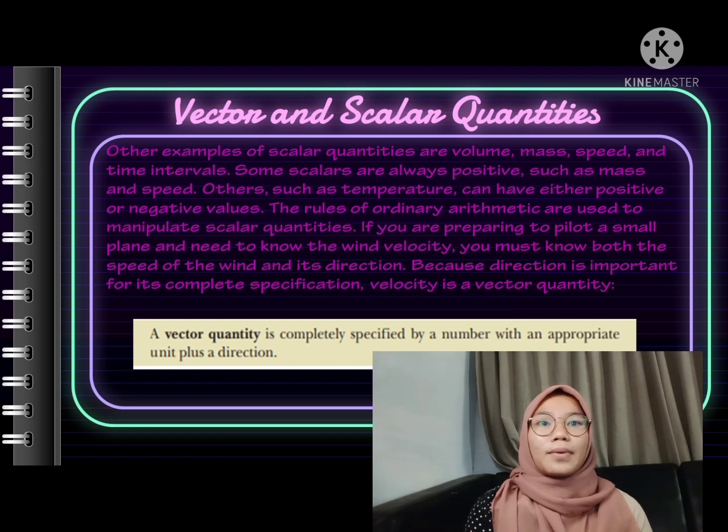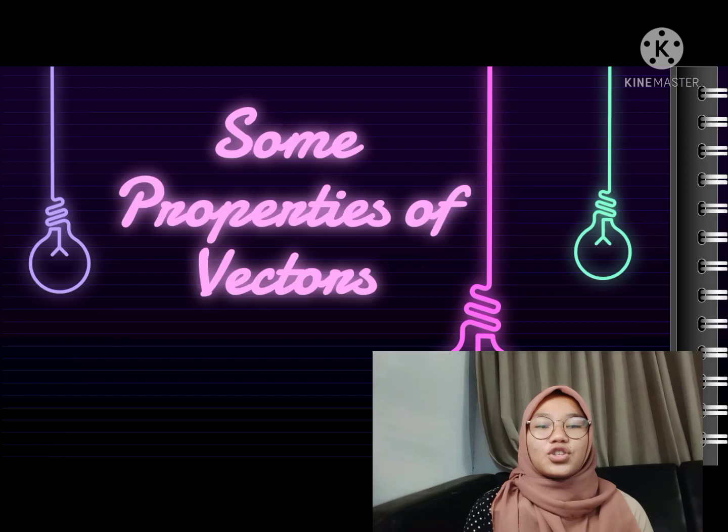If you are preparing to pilot a small plane and need to know the wind velocity, you must know both the speed of the wind and its direction, because direction is important for its complete specification. Velocity is a vector quantity. A vector quantity is completely specified by a number with appropriate unit plus direction.